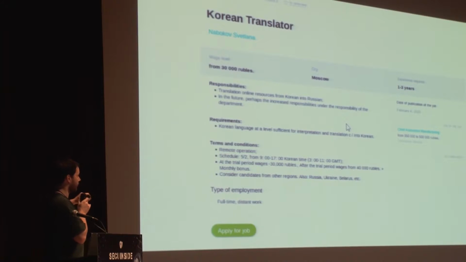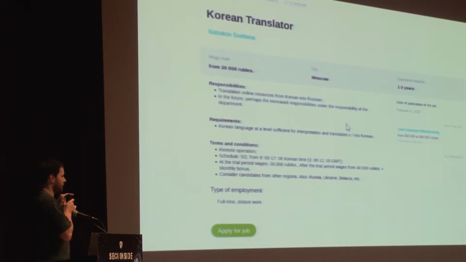You might remember that the Korean targets were added at the end of February. This job advertisement was from the 4th of February. They're asking for a Korean translator that can work between a certain time, and who is either located in Moscow, or if working remotely, has to be in Russia, Belarus, or Ukraine. Either of those three. No other countries are accepted.